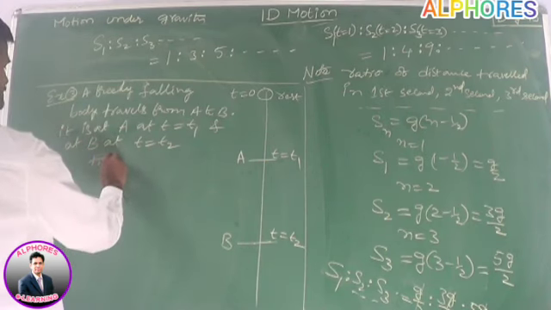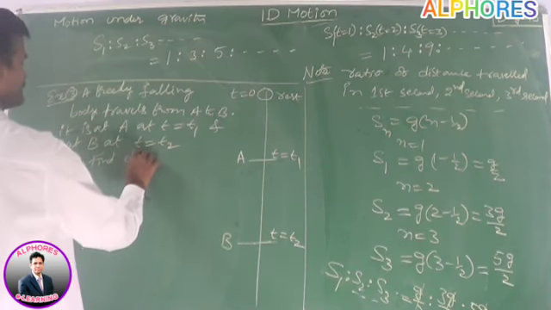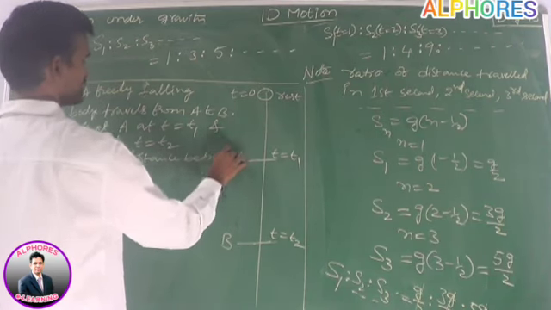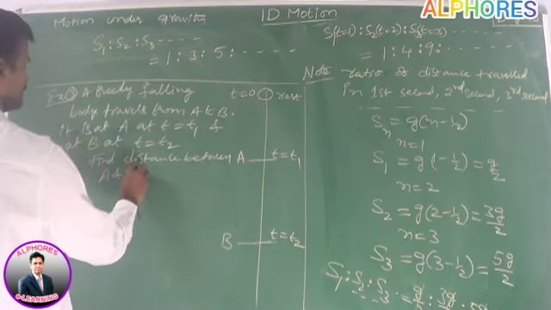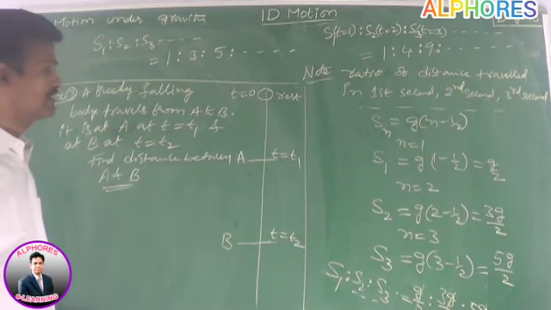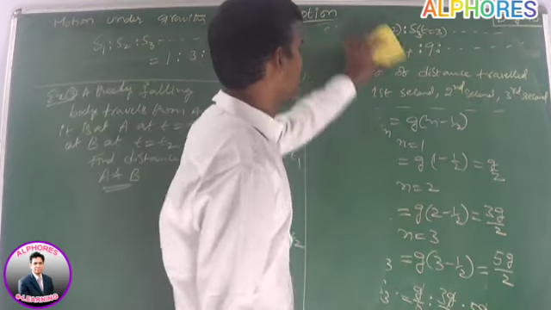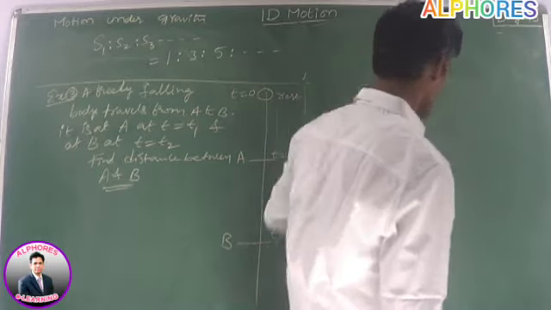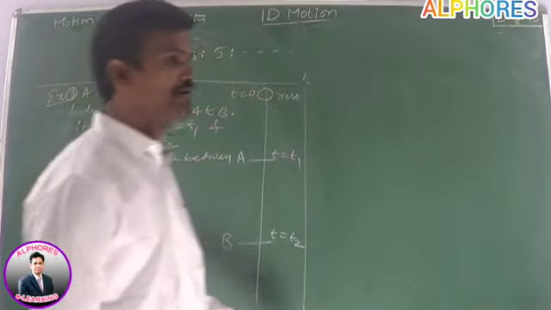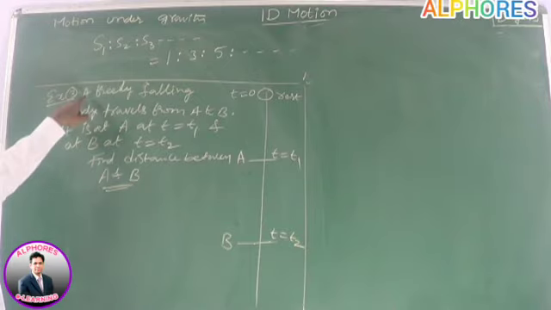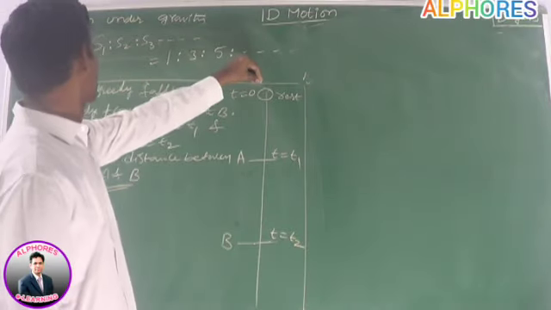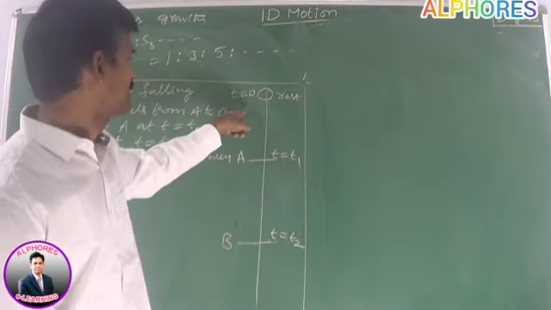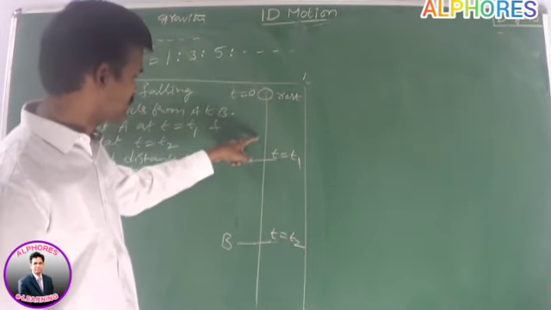Find the distance between A and B. This is our question. How to find the distance between A and B? Here is a stone that is dropped, a body or stone, anything. This stone travels from A to B.